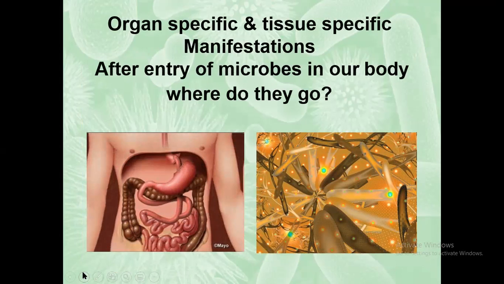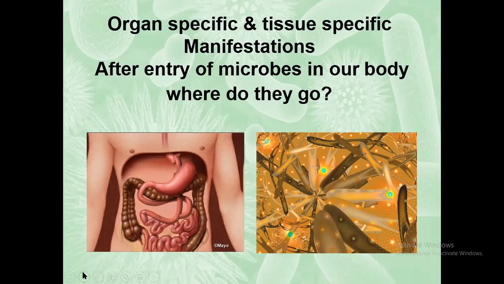Organ specific and tissue specific manifestation. Some microbes will affect a particular organ directly. Some will affect a particular tissue. So after entry of microbes into our body, where will these microbes go? These microbes will attack a particular, specific organ as well as specific tissues.